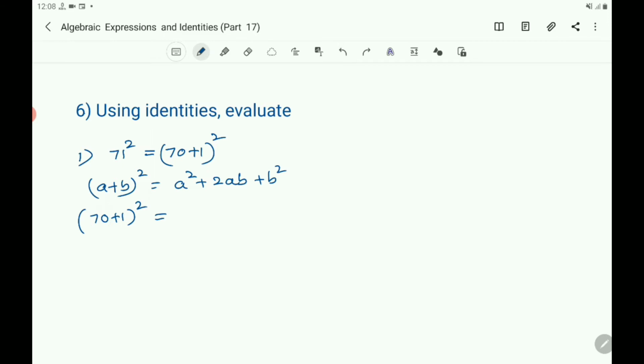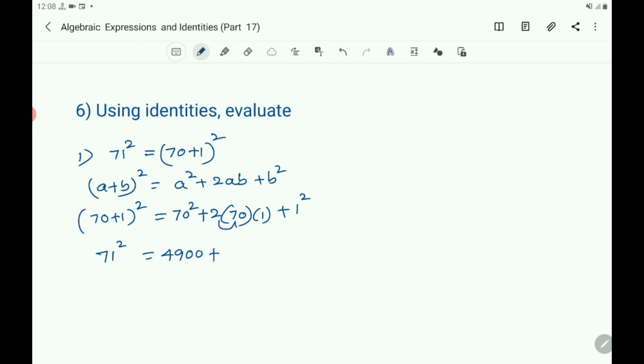Now a square means 70 square, plus 2 into ab means 2 into 70 into 1, plus b square, which is 1 square. So you write 71 square equals 70 square. 7 square is 49, so 70 square is 4900.